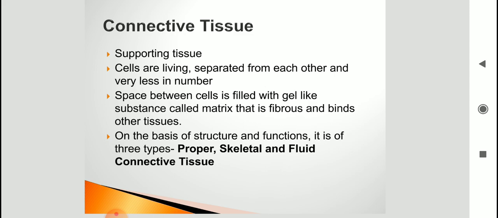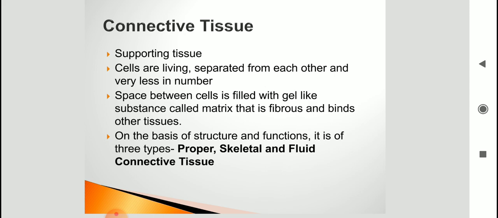So children, remember that connective tissue contains fewer cells, and the cells are separated from each other. In between there is a lot of space that is filled with matrix. This matrix is a gel-like substance, mainly made up of water and some proteins and fibrous substances.